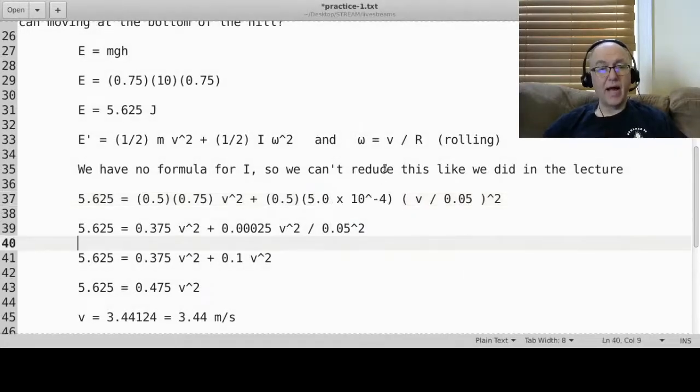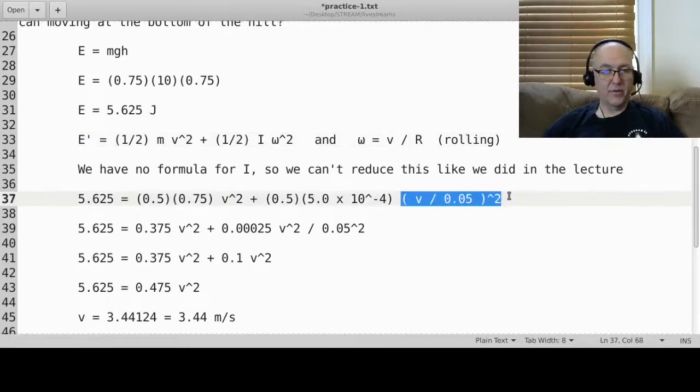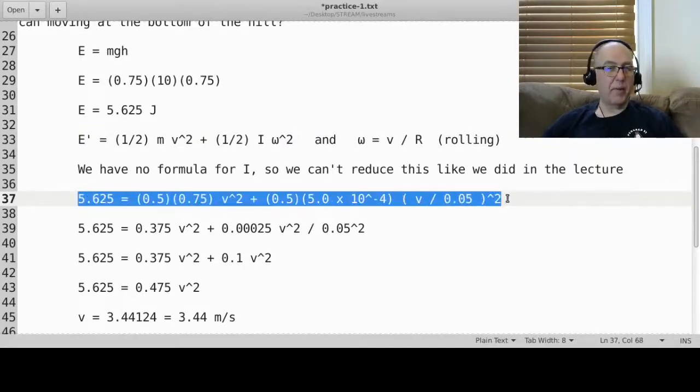And then for the angular velocity, I don't have v, but I do have the radius. The radius was 5 centimeters, so it's 0.05 meters there. So instead of omega squared, I've got v divided by 0.05, all squared. Make sure you understand what I did up to here, because it's not just substituting in the numbers.